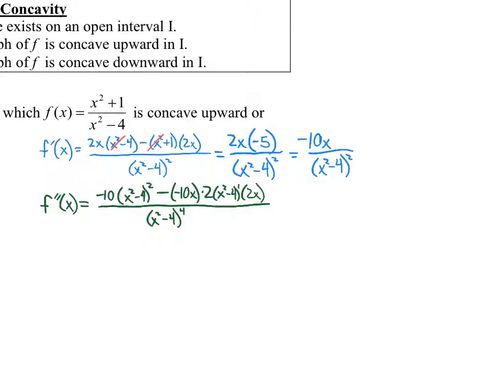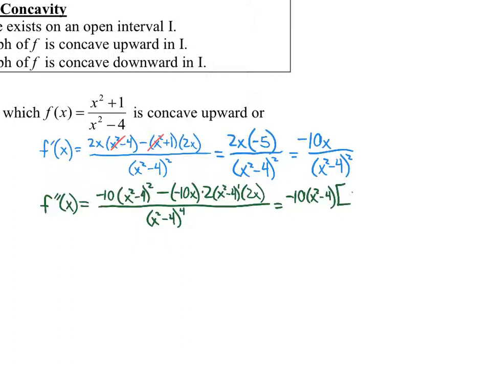Okay? So on my numerator, I have a negative 10, and I also have an x squared minus 4 in common. So I'm going to go ahead and factor that out. Negative 10 times (x squared minus 4). And then I look at the leftovers.